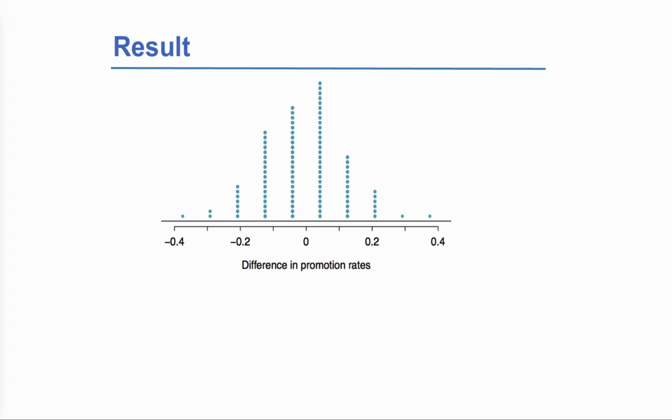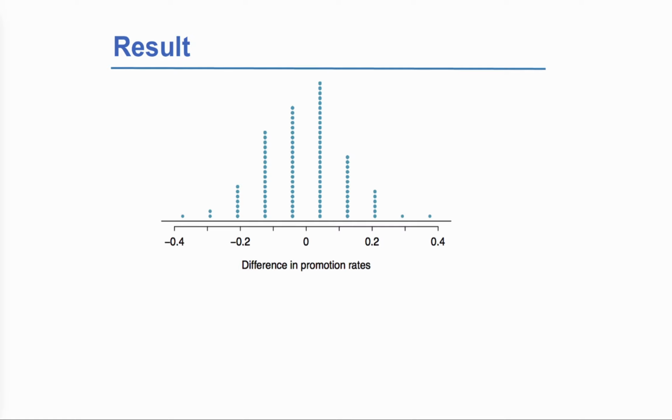So one thing that we can do is we can do a simulation. So suppose that the null hypothesis is true. There is nothing going on. There's no difference in men and women being promoted.